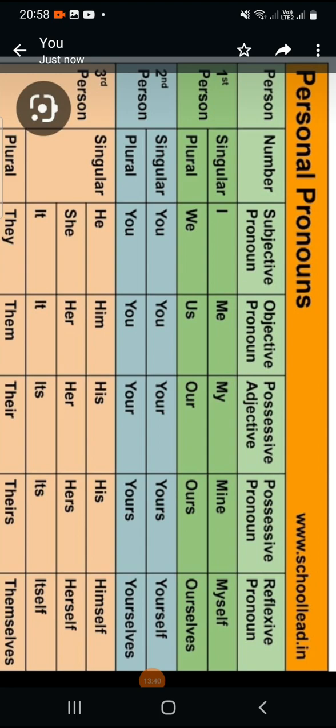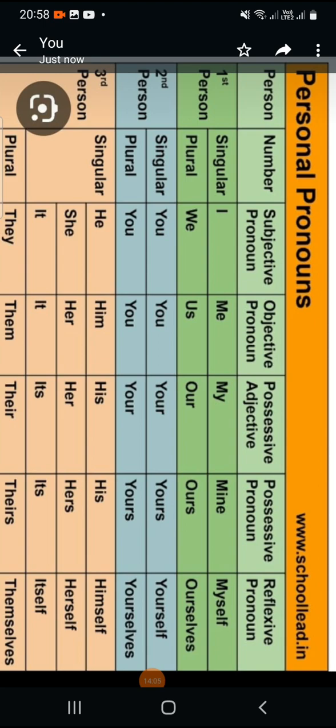My brother and I are, I will tell you in the next session why are is used. My brother and I, because 2 persons are there, and that's why it will be followed by are. So my brother and I are going to market today. This will be the sentence, right? So my brother and I.